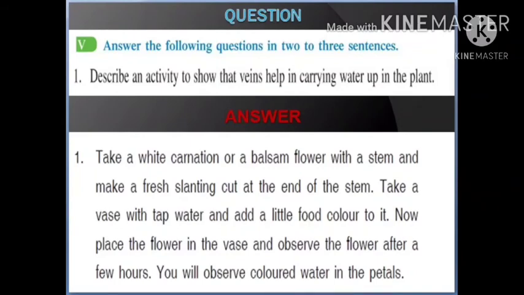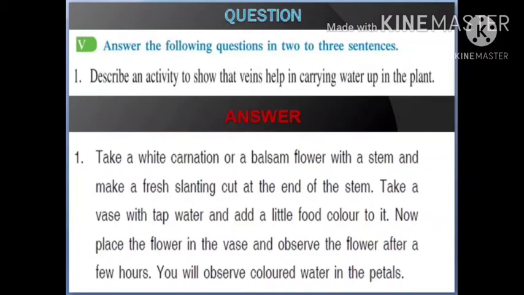Question number 5. Answer the following questions in 2 to 3 sentences. First, describe an activity to show that veins help in carrying water up in the plant. Answer: take a white carnation or a balsam flower with a stem and make a fresh slanting cut at the end of the stem.